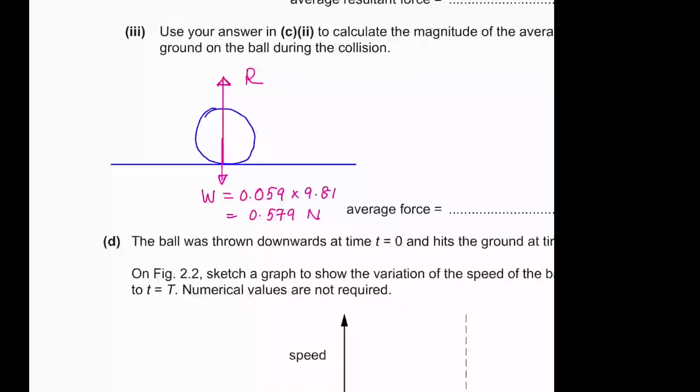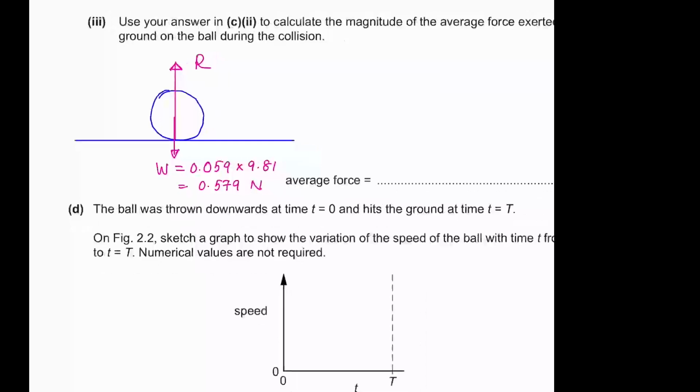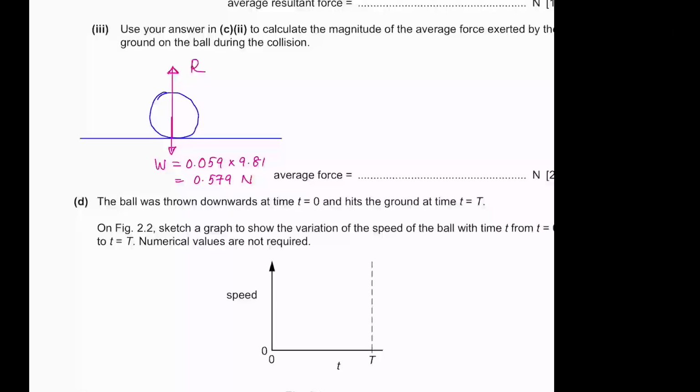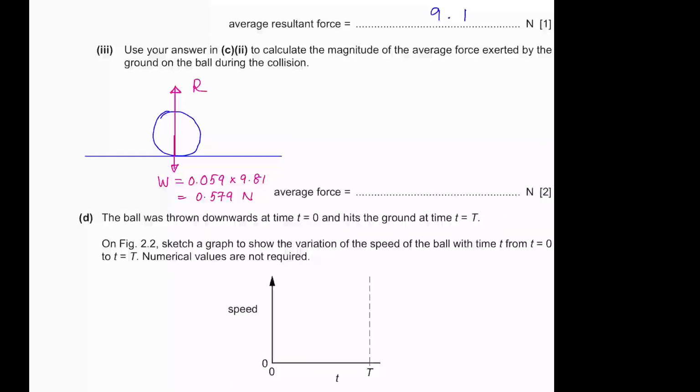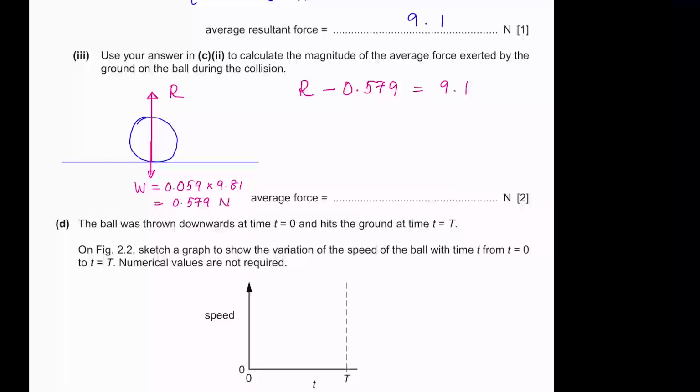So the resultant force is going to be, now the ball is getting hit by the ground in the upward direction. Correct? So the resultant force is going to be upwards. So resultant force is R minus 0.579. That is equal to 9.1. That is the resultant force.